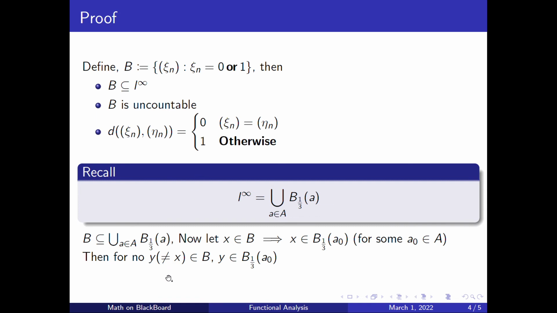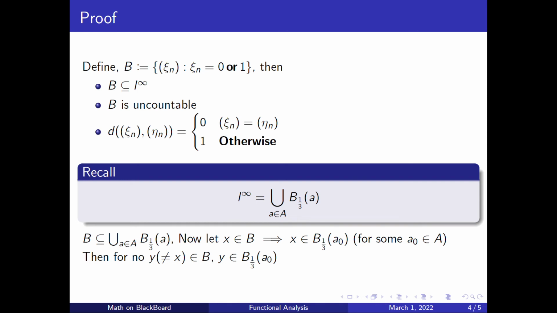So since its distance is 1, it cannot fall within this ball, because if y belongs to this ball, it means that the distance between x and y is less than 1 and it's not equal to 0, so it would give you a contradiction.